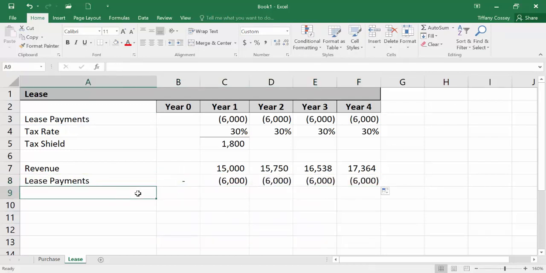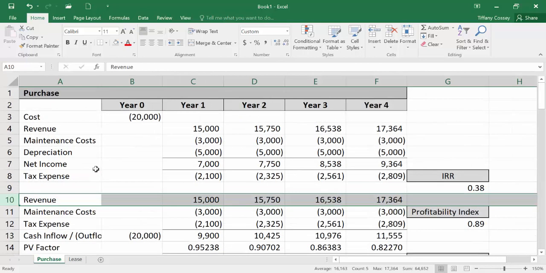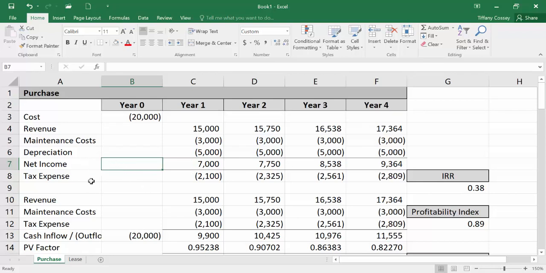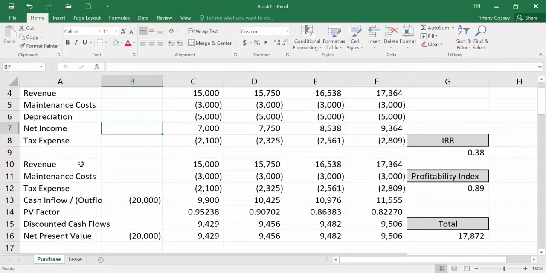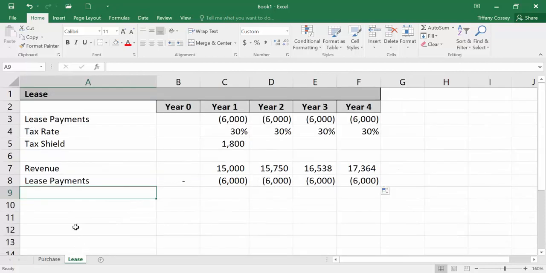Then we're going to have tax that we have to pay on the net income that we have as a result of the machine. Well, we have to backtrack and do the same thing we did when we calculated the information for the purchase. The first thing that we needed to do was calculate the net income and figure out what the tax expense was, and then go through and do a separate listing for cash expenses and cash revenues. So we're going to do the same thing here.